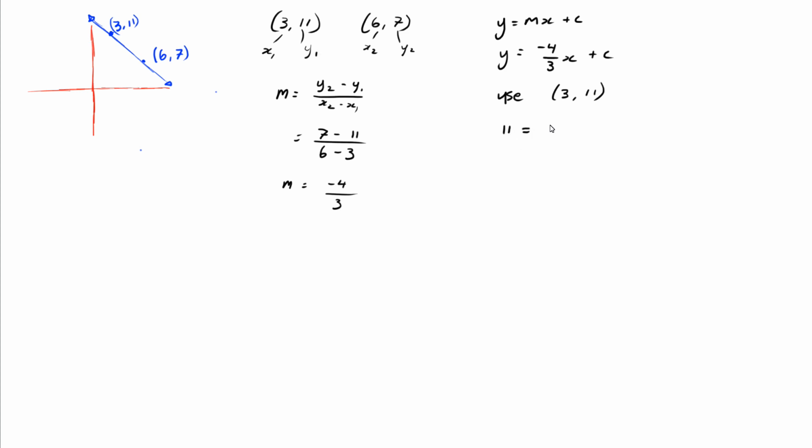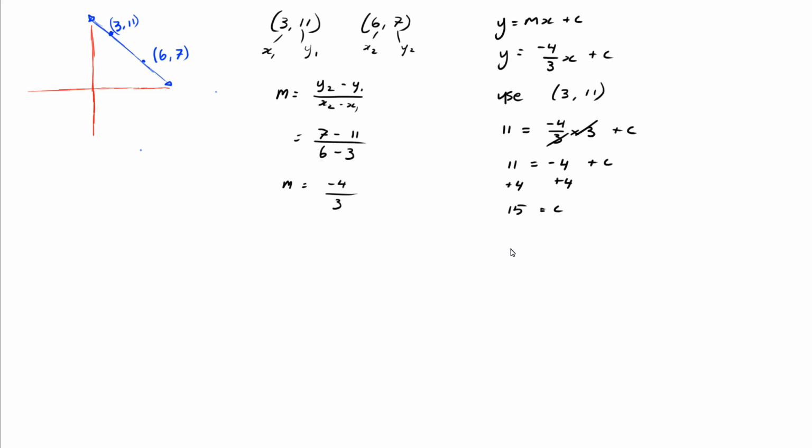So I've got 11 equals minus 4 on 3 times 3 plus c. Now minus 4/3 times 3, in this case the 3's will cancel. So I get minus 4 plus c. Doing some backtracking, if I add 4 on both sides, I get 15 is equal to c.